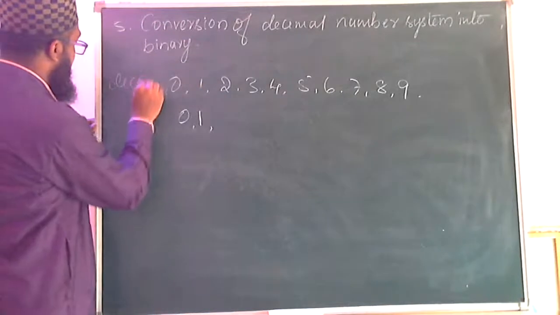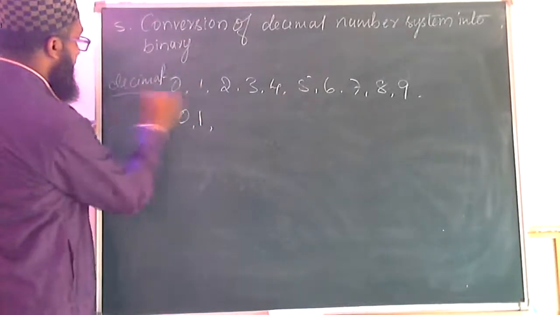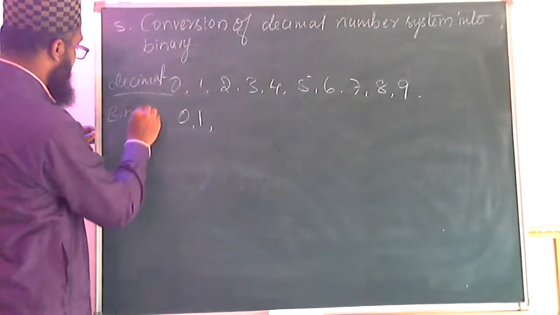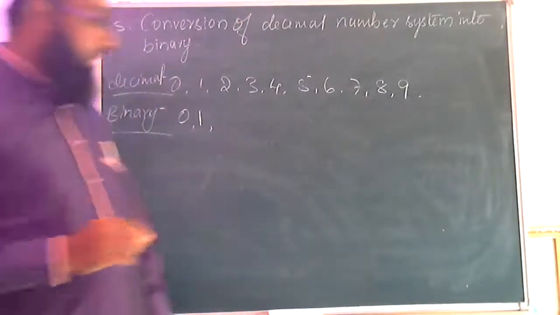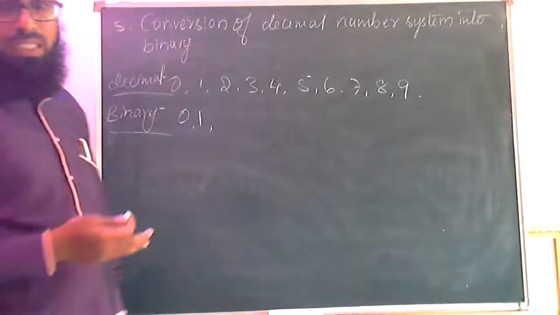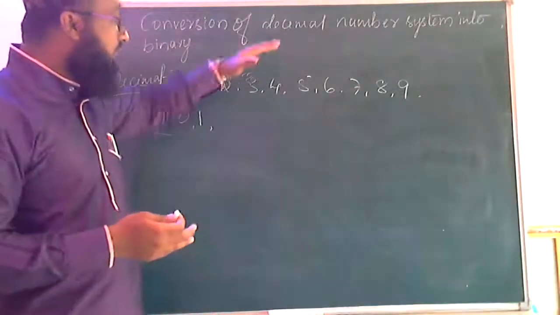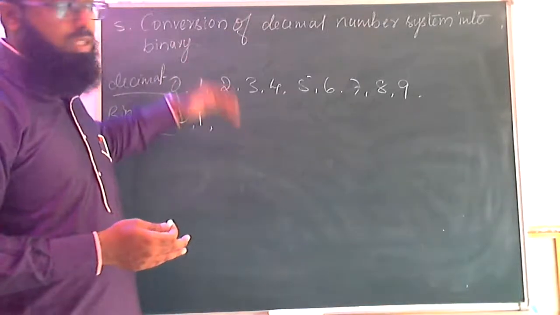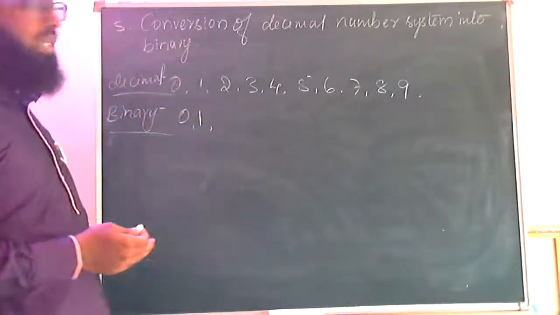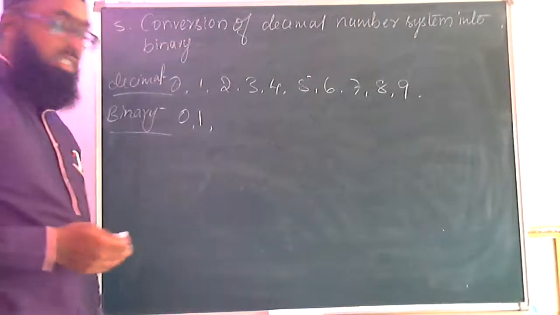You have already learned in your first PUC how we can convert the decimal number system into the binary number system. For this type of conversion, the stack is used.